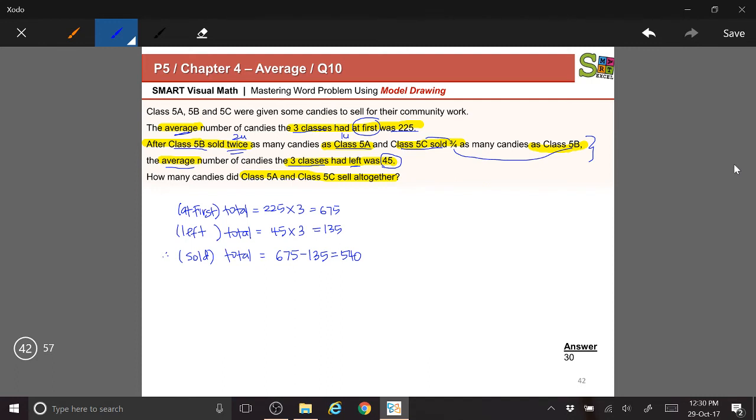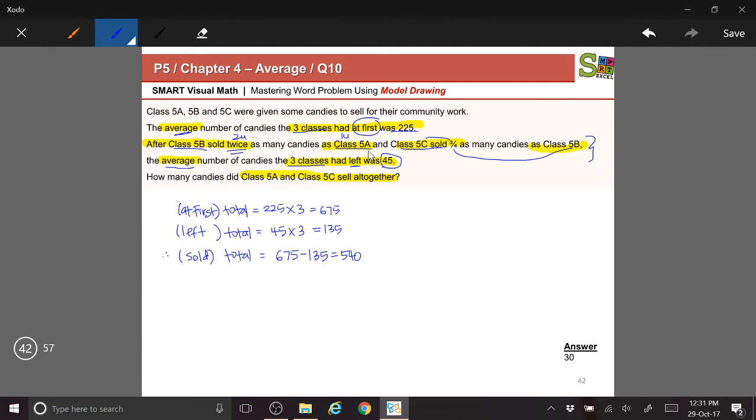Alright, so we have 5A. Let's talk about 5A first, because they mention that 5B sold twice as many as 5A.